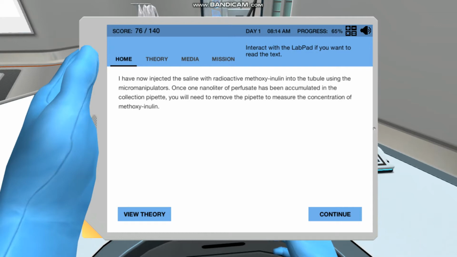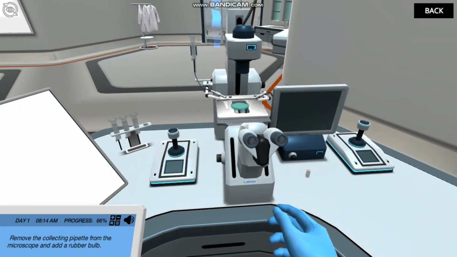Once 1 nanoliter of perfluorescate has been accumulated in the collection pipette, you will need to remove the pipette to measure the concentration of methoxyinulin. Remove the collecting pipette from the microscope and add a rubber bulb.